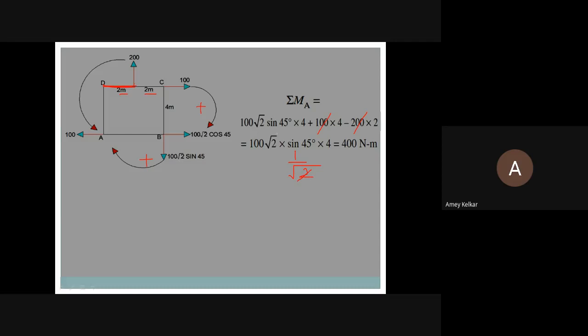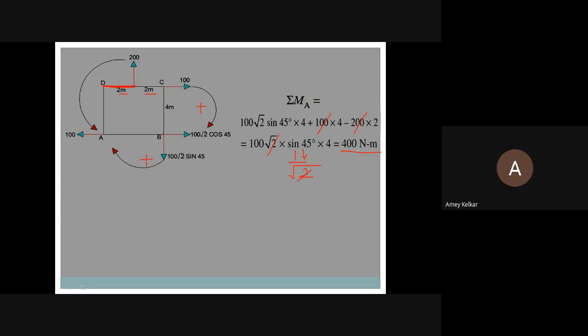So this root 2 cancels out, and 100 into 4 is 400 Newton meter. We still did not require any use of calculator if you have written the equations properly. The sine 45 you can write as 1 by root 2. So you'll get a moment of 400.